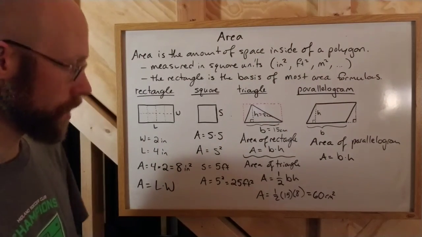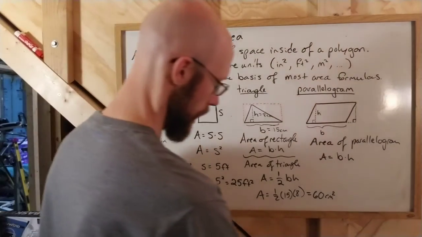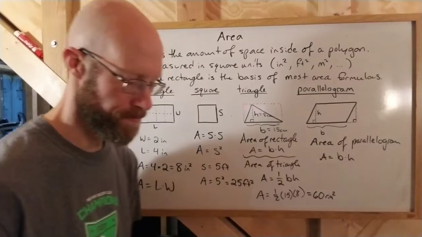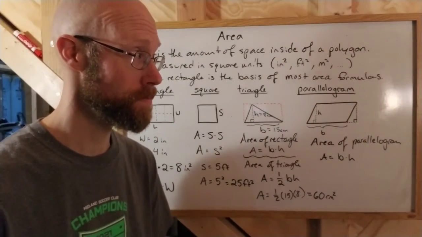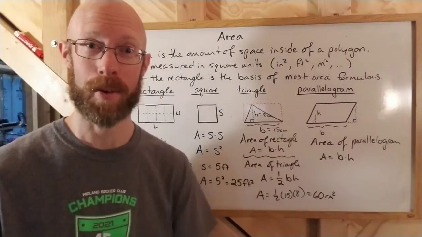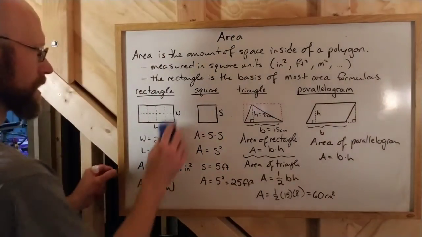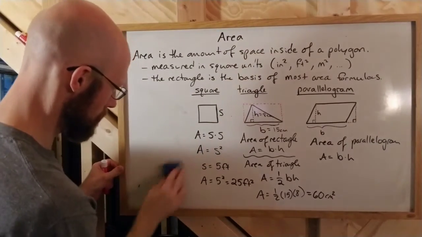Okay, now the other shape, the other polygon we're going to look at is called the, I just lost the name of it. Trapezoid. I don't know why that was escaping me. Trapezoid. Alright, so let me draw up a trapezoid here.